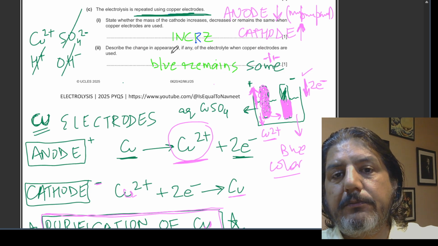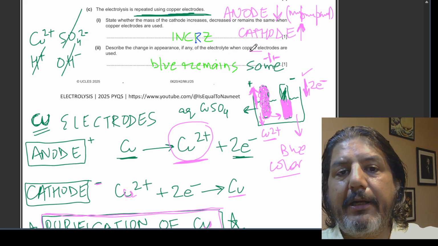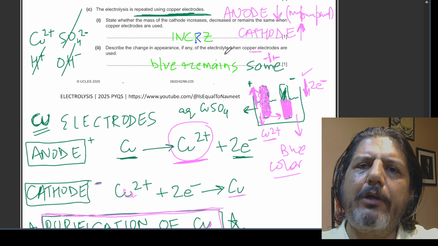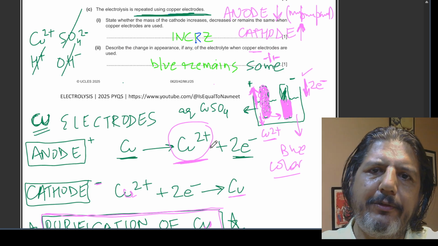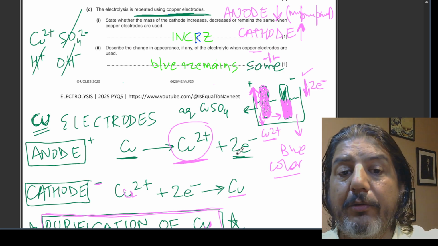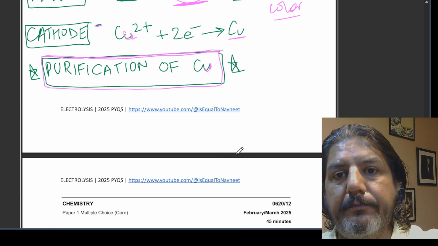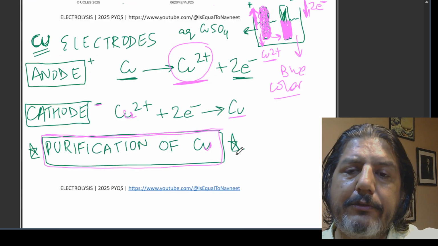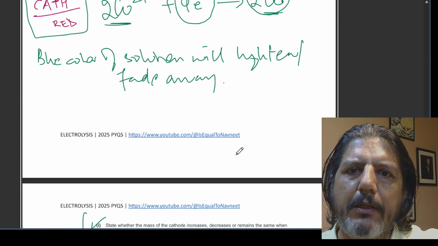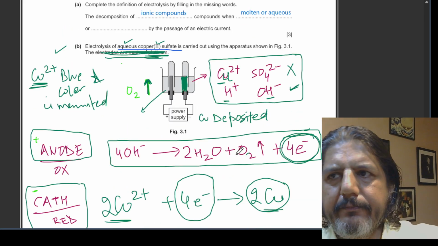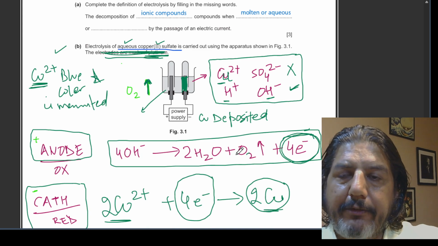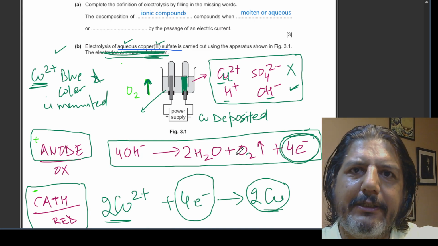Describe the change in appearance of the electrode when copper electrodes are used. The electrolyte's blue color will remain the same because the concentration of Cu2+ remains the same. So this is an interesting question, and it requires a lot of understanding, so you should be aware of the effect of the electrodes, whether they are active or inert.